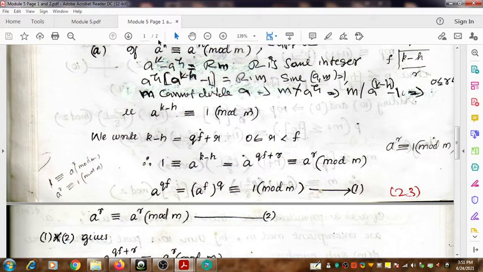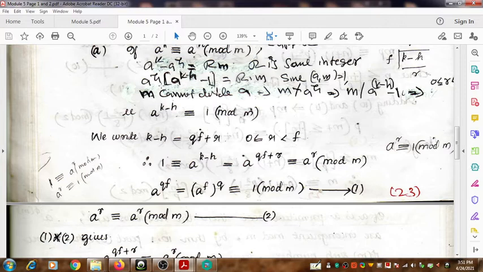And at this point you can think about the exponent of the number a. Since f is accepted as the exponent of the number a mod m, it means that f is the least positive integer having the property that a^f is congruent to 1 mod m.